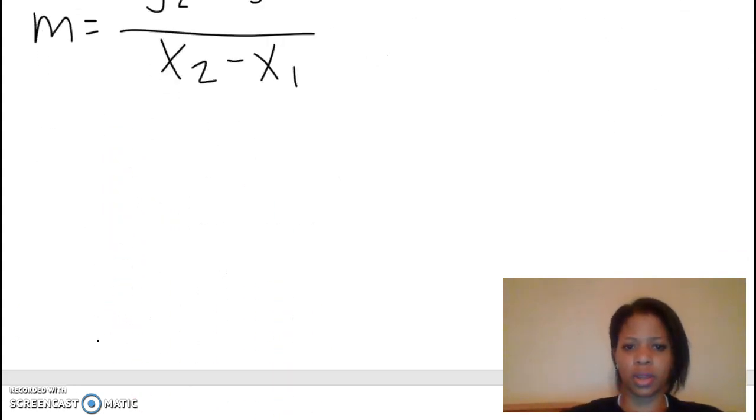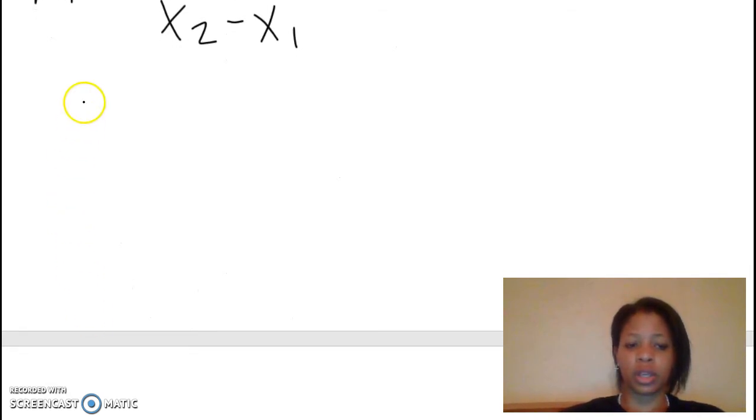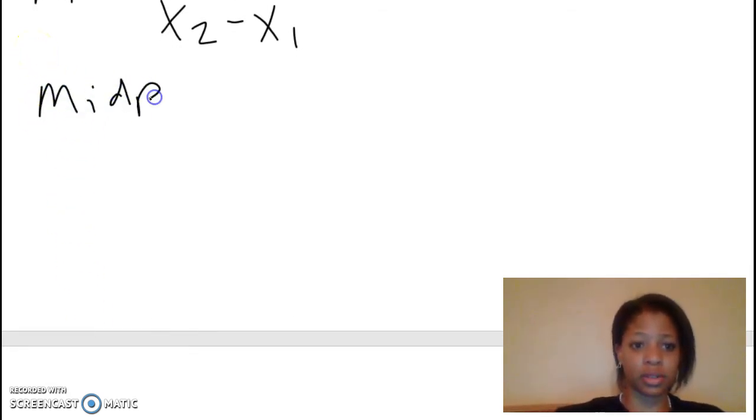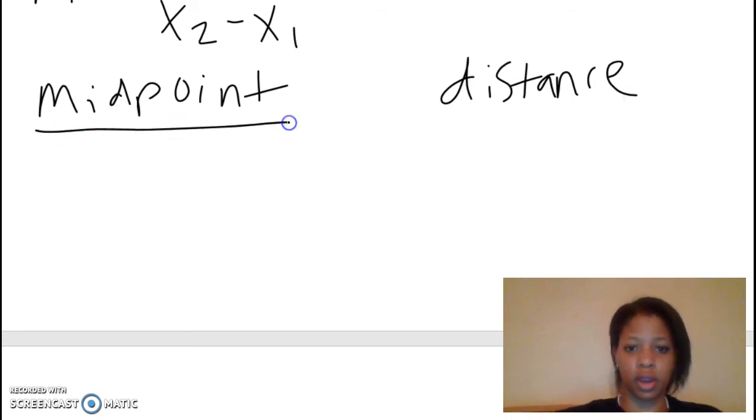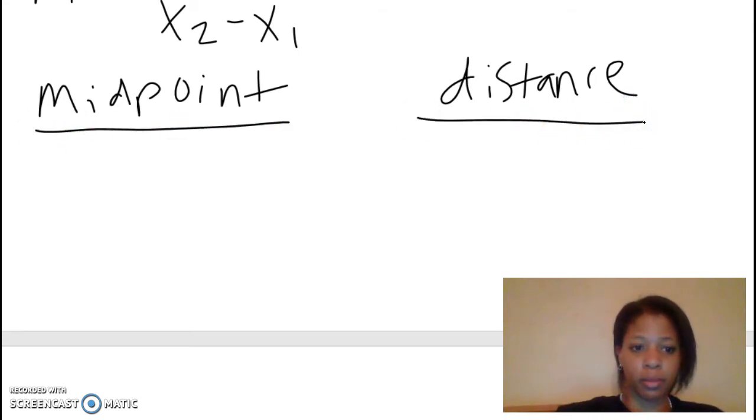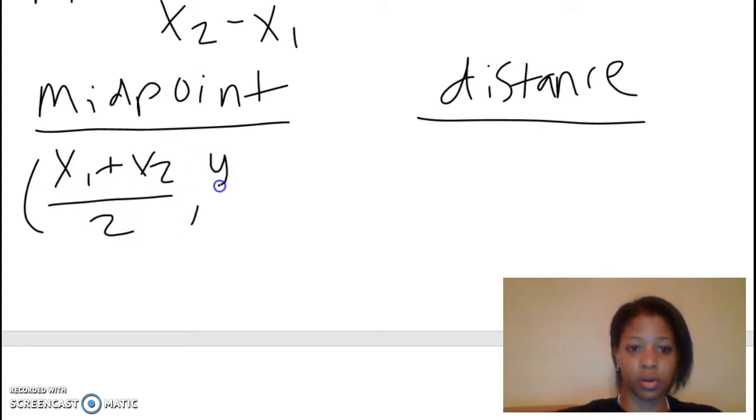Some other formulas we didn't really spend any time on are the midpoint formula, where you're just plugging numbers in, and the distance formula. I'll go over an example of each of those, and then y'all will have a chance to practice. Our midpoint formula is x1 plus x2 divided by 2, comma, y1 plus y2 divided by 2.